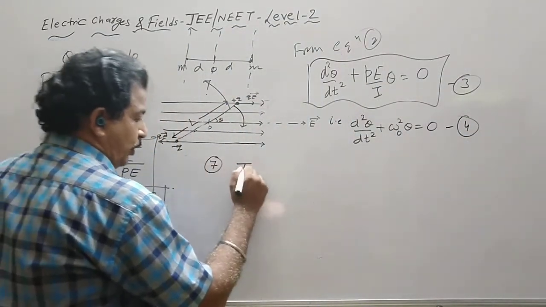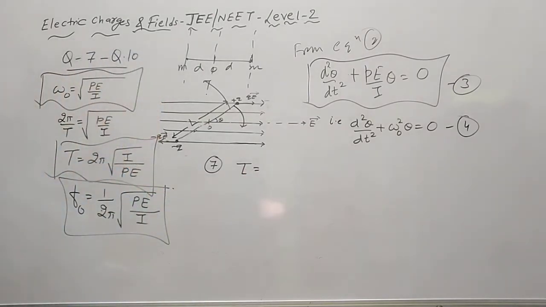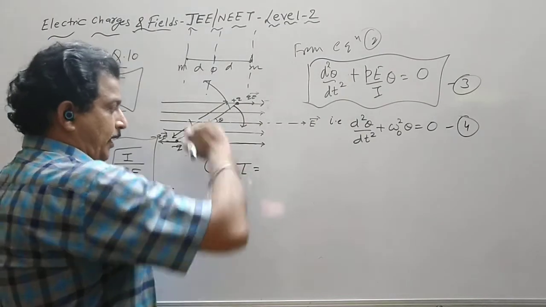So torque, you remember, is given as the magnitude of either force and the perpendicular distance between the two lines of action of force. So torque forms a couple.